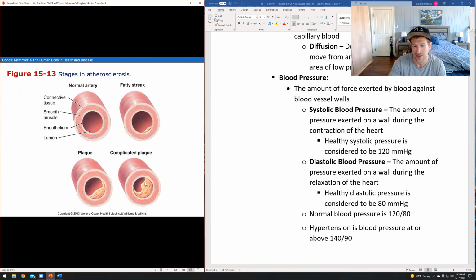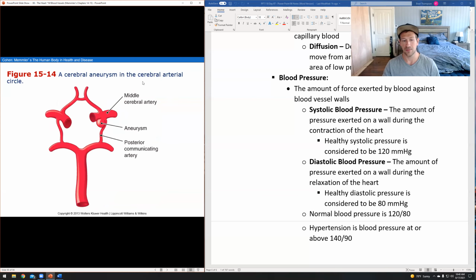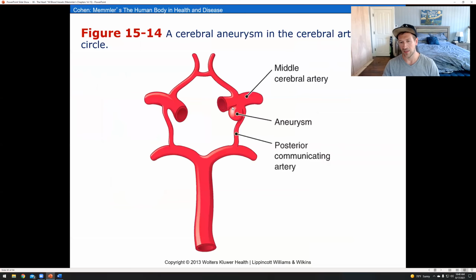Arteriosclerosis, right? That's the buildup of plaque on those blood vessels. If you get these fatty streaks and plaque starts building up, look at how much that's going to limit how much blood can flow through there. So the pressure is going to be much higher, and that can create damage. You'll sometimes see an aneurysm. That's where blood is really not able to travel through.